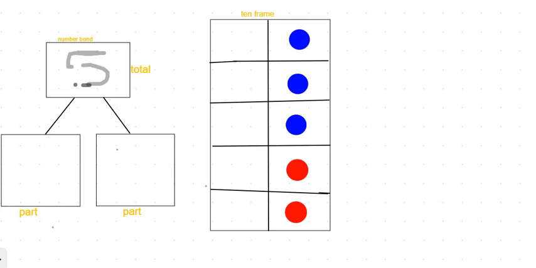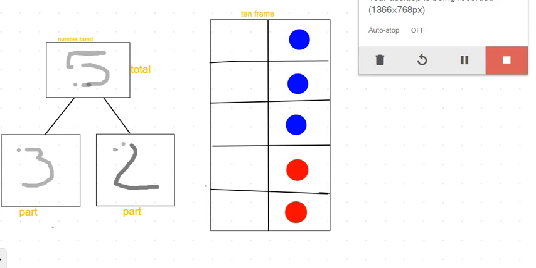I know that we have 3 blue ones and we have 2 red ones. So that's a wonderful way to separate it. So 3 blue ones and 2 red ones altogether gives us 5 total. So we're going to practice some more, and that's how we're going to do our number bonds. Let's keep practicing. Let's go on to another one.